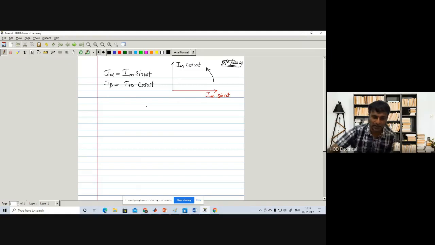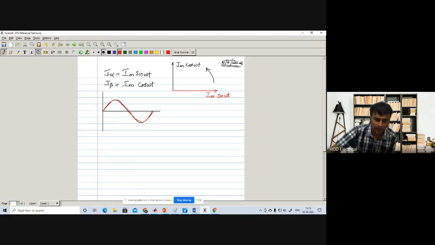For example, assume we have one sine wave, alpha. Alpha will start from here and come down, and it will move like this.